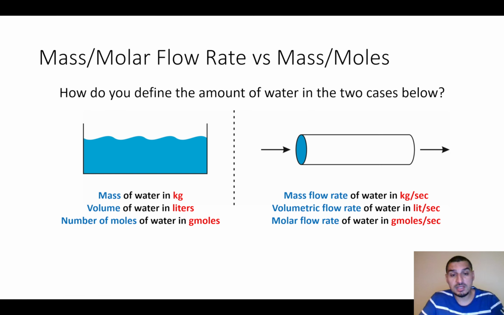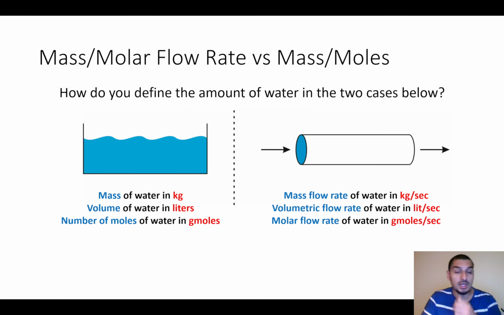So this is the main difference between these two, and this is a very important thing. In our chemical engineering applications, the majority of the cases that we deal with are flow rates, especially in the chemical plants or in any process. You have a continuous flow. It's not something you just put and keep in a place.